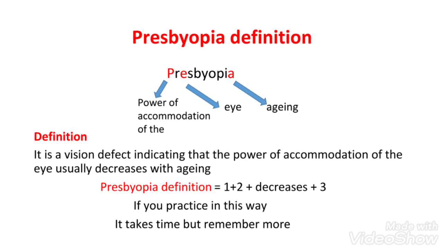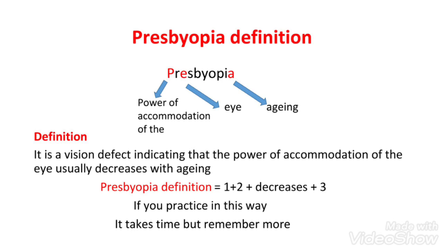For this I gave some numbers. Power of accommodation of the is 1, I means eye is 2, A means aging is 3. If you add 1 plus 2, plus the word decreases between 2 and 3, you will get the definition of presbyopia easily.